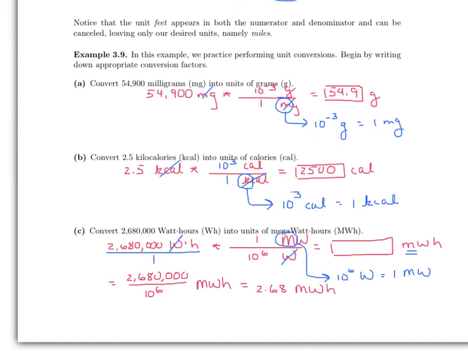So the 2.68, that is the quantity that would be in that box right there. So we've shown through this calculation that 2,680,000 watt hours of energy is the same thing as 2.68 megawatt hours of energy.